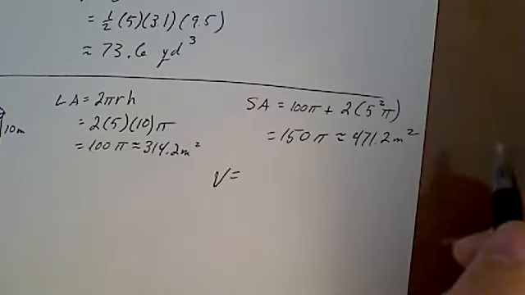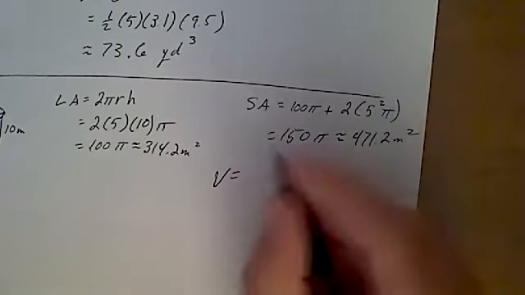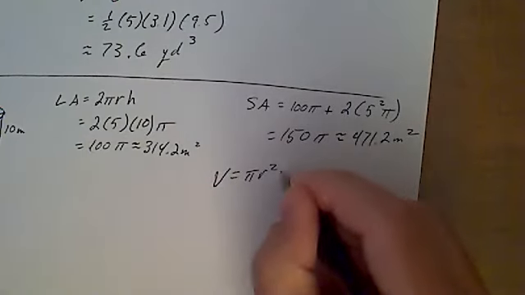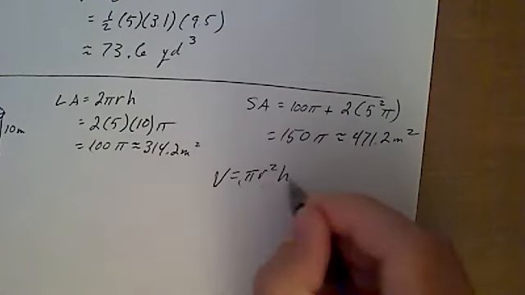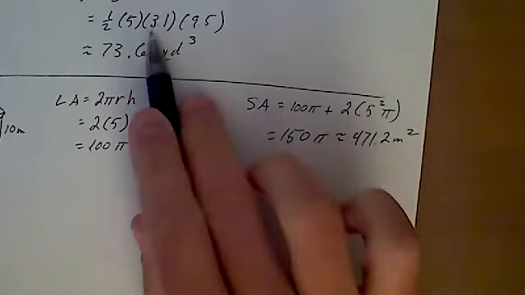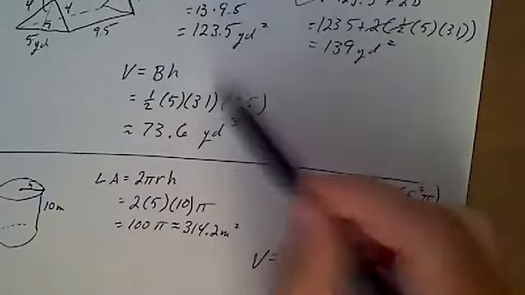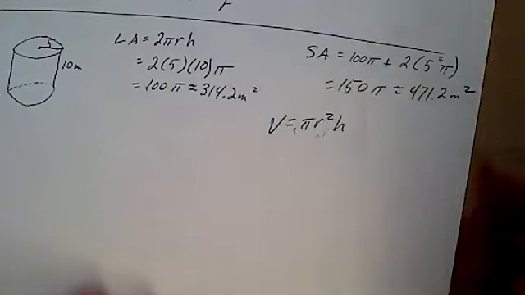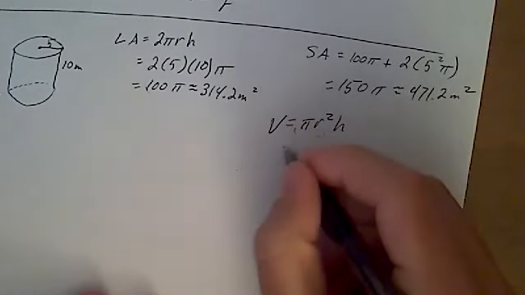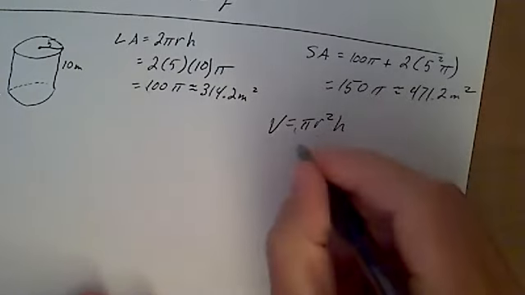Finally, volume for a cylinder is pi r squared times the height. Notice this is the area of the base times the height, right? So again, it is the same as the volume of the base for a prism. It's just that we know that pi r squared is always that area of the base. And our r is 5.